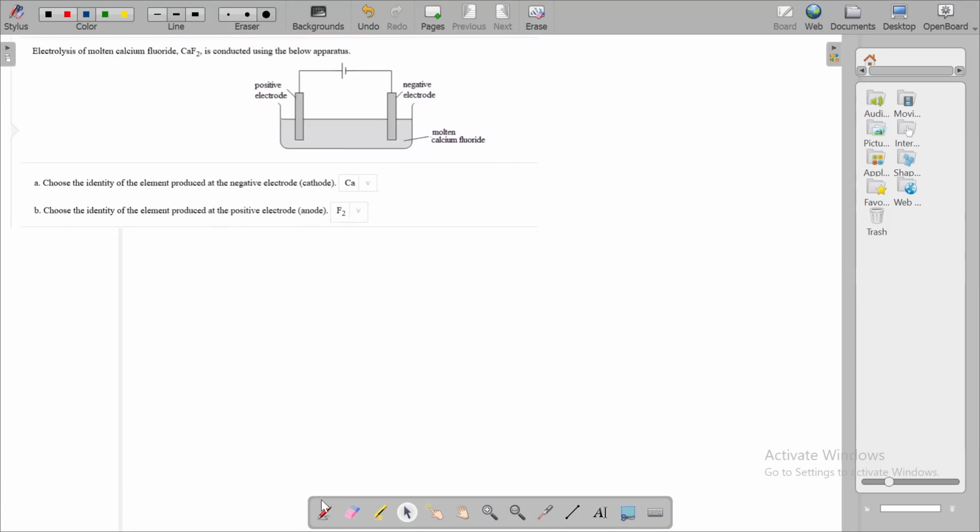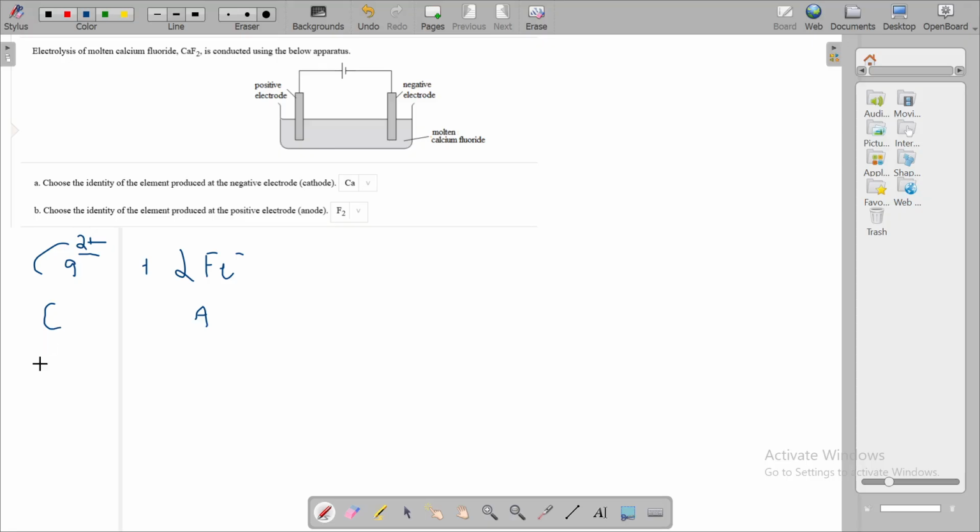So how I think of it is, I know it's going to be Ca2+ and 2F-, right? I look at the charge, this plus, this minus. For the plus, I put cathode. For the minus, anode.